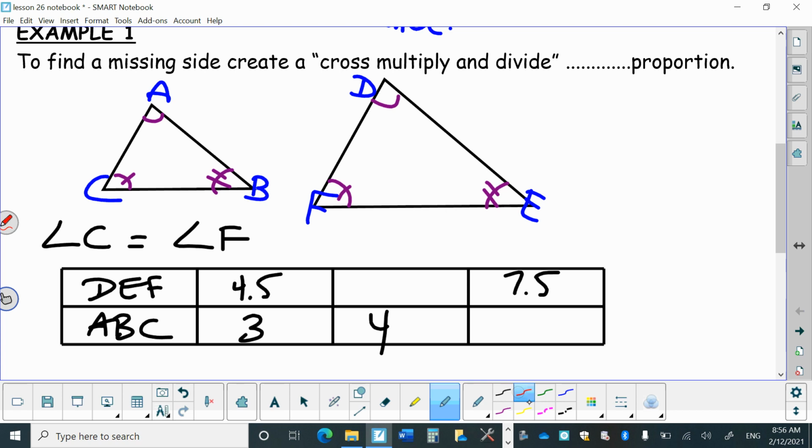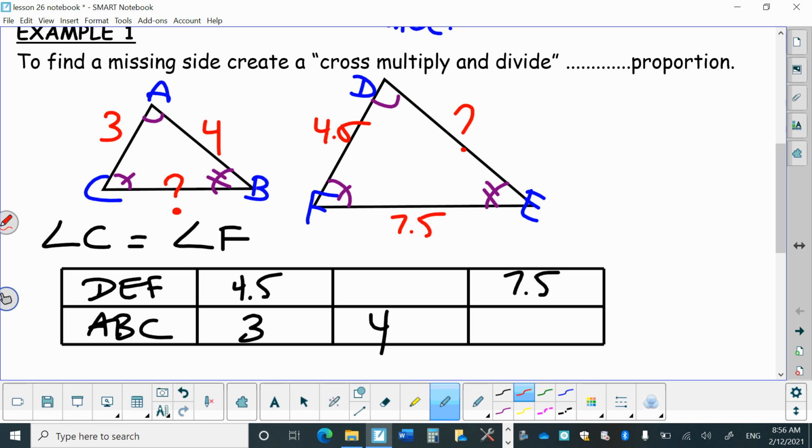So you could see that in the image. Let's say I have 3 and 4 here, and I'm missing this one. And in this one, this 4 is missing. The 4.5 goes with the 3. And here I have the 7.5 that goes here.